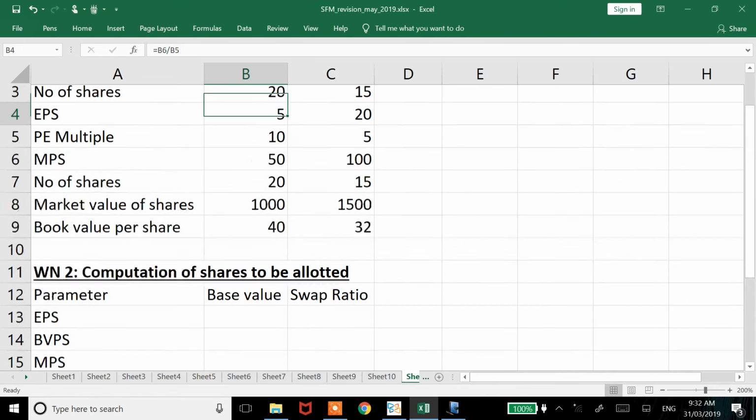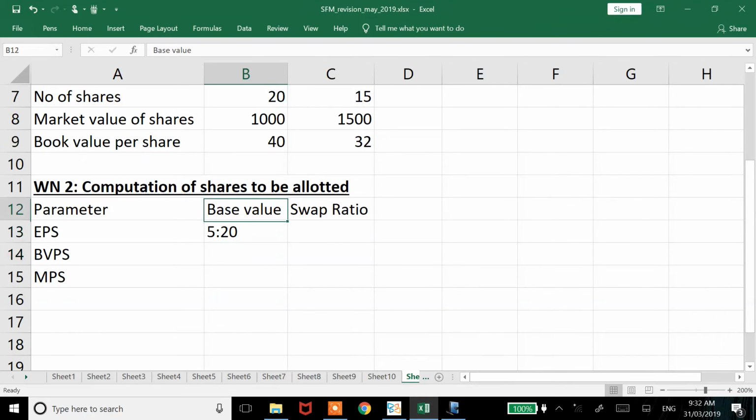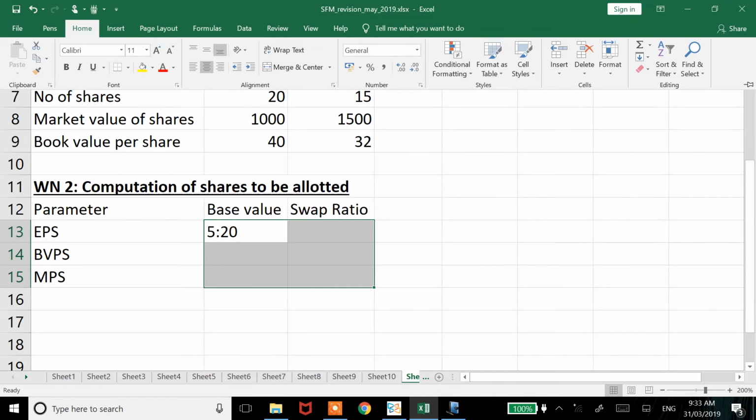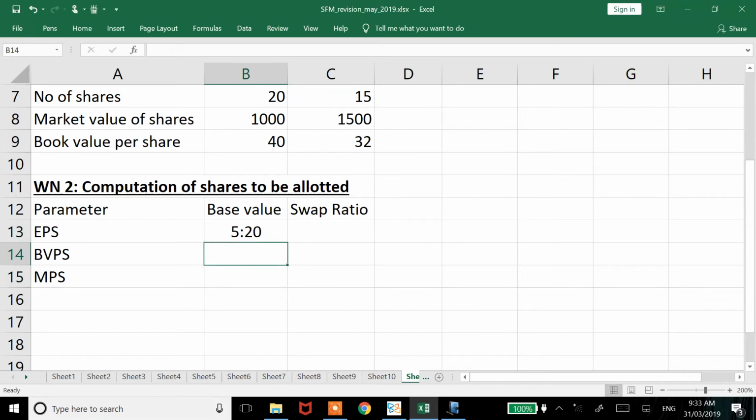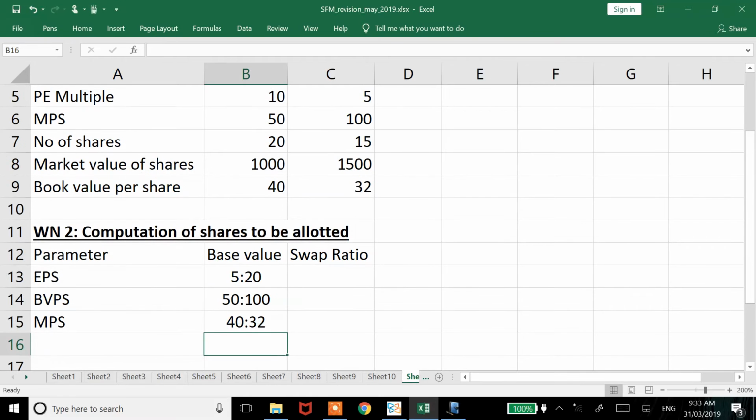For EPS, the base values are 5:20. For MPS, the base values are 50:100. And for book value, the base values are 40:32.